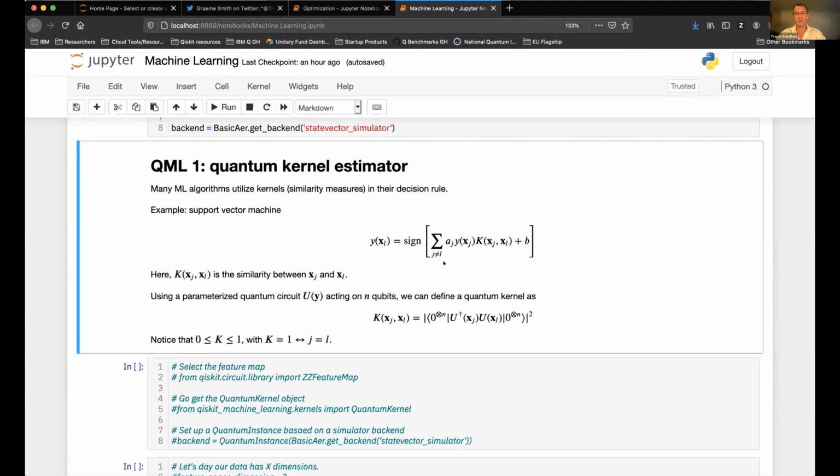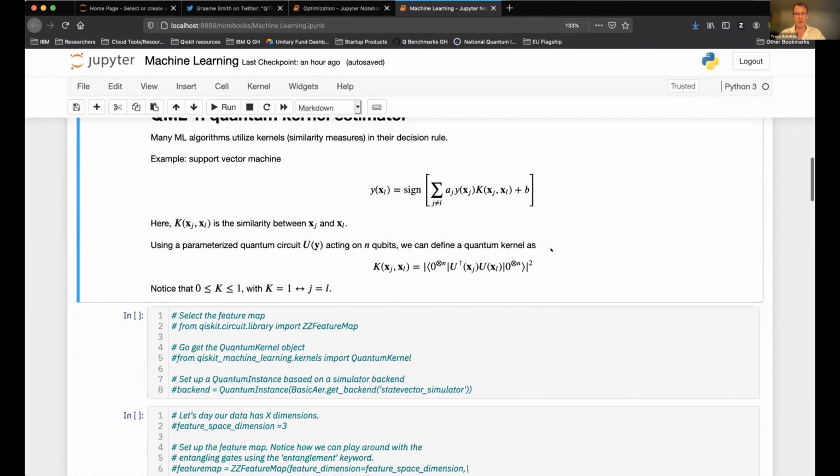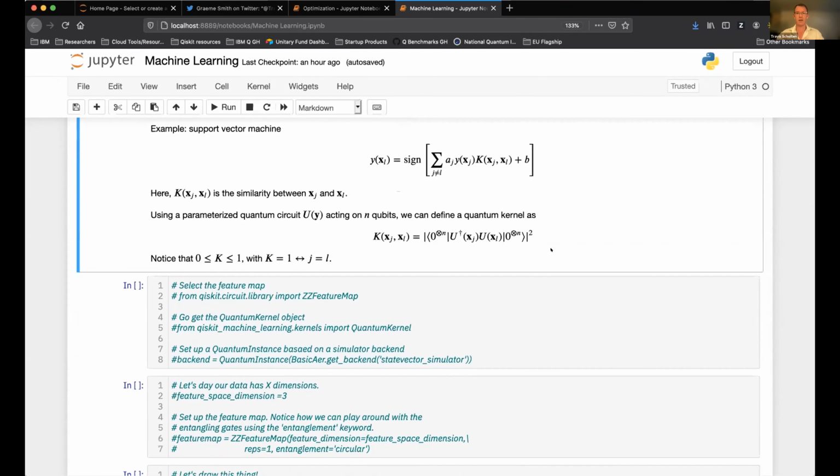Now, there's a couple of different ways that we could define a similarity measure using a quantum computer, and what I'm showing down below is one particular way of defining it. We're essentially doing a Gedanken experiment: I'm going to prepare a quantum state that depends upon x sub l, and a quantum state that depends upon x sub j, and measure the fidelity of those two states.